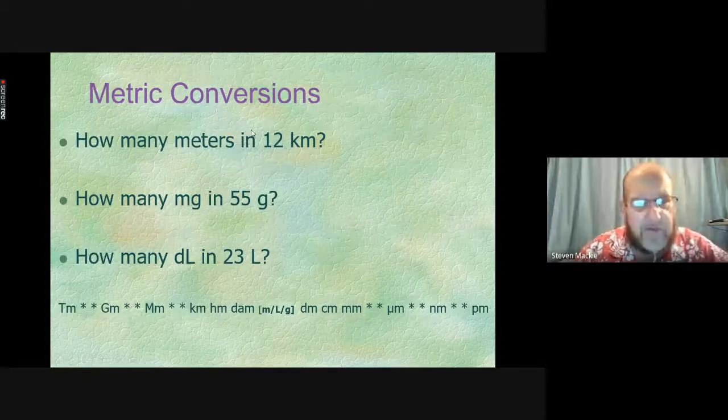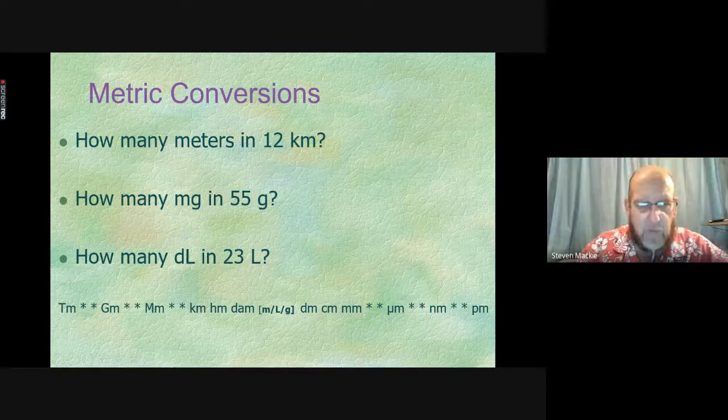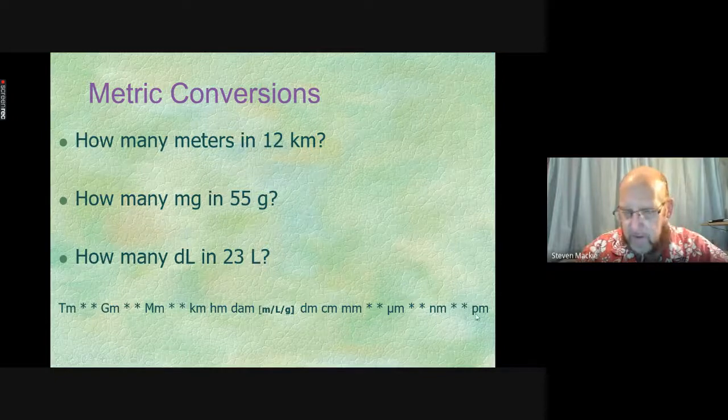If I just touch my mouse the tiniest bit, if I breathe on it, it goes backwards in the slides. So let's take a look at this question. How many meters in 12 kilometers? Well, down here, there's the good old scale, right? Which I've said to you, you can go, here's times 1 trillion, and here's times 1 trillionth. 1 billionth, 1 millionth, 1,000th, 100th, 1/10th, 1 liter, 1 meter, 1 gram, times 10, times 100, times 1,000, times 1,000,000, times 1 billion, times 1 trillion.